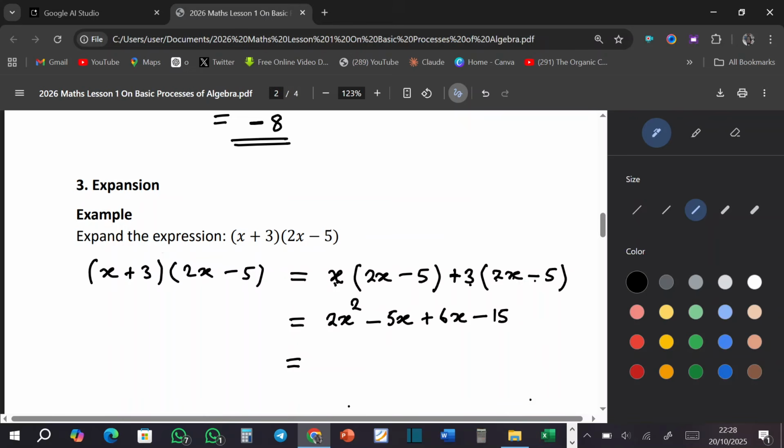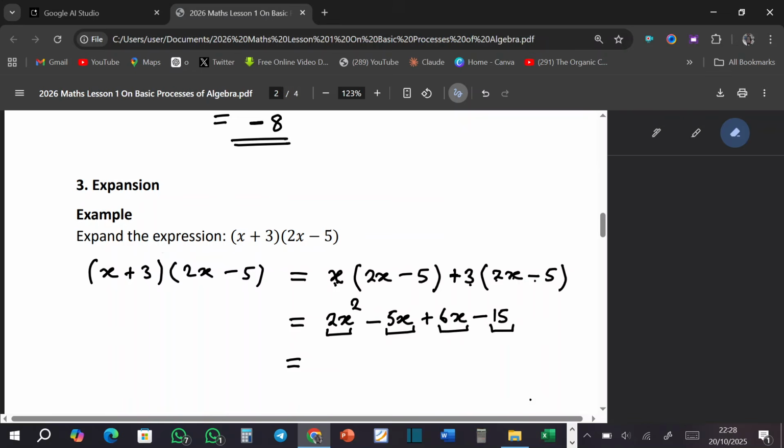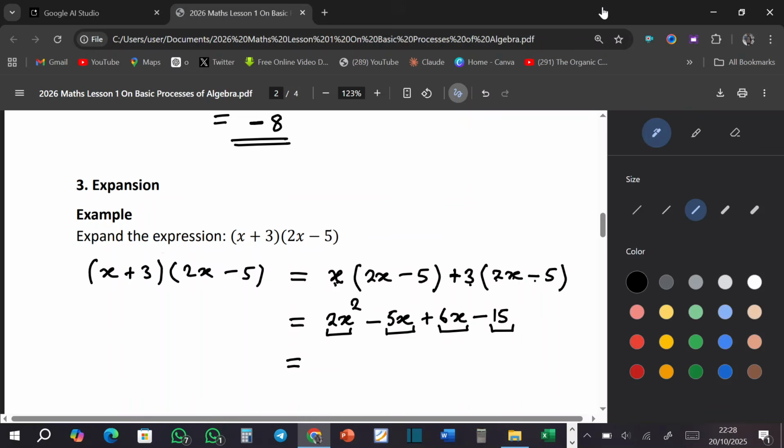Okay, so you have this one is a term, this one we call a term, this one is a term. Very important for you to know. Terms have got variables, like this letter here.